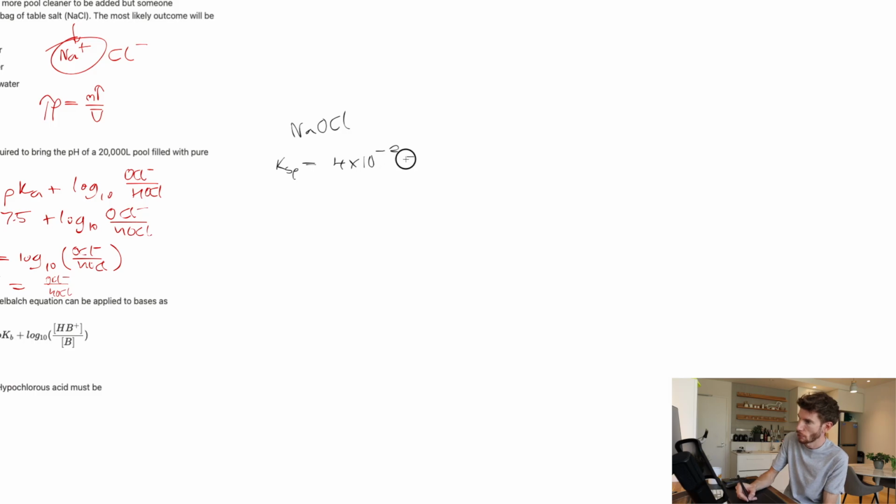And remember, that would be the concentration of the sodium ions multiplied by the hypochlorite ions. And because these two would be equal in this particular case, we could just say that the hypochlorite times the hypochlorite is equal to 4 by 10 to the negative 2.